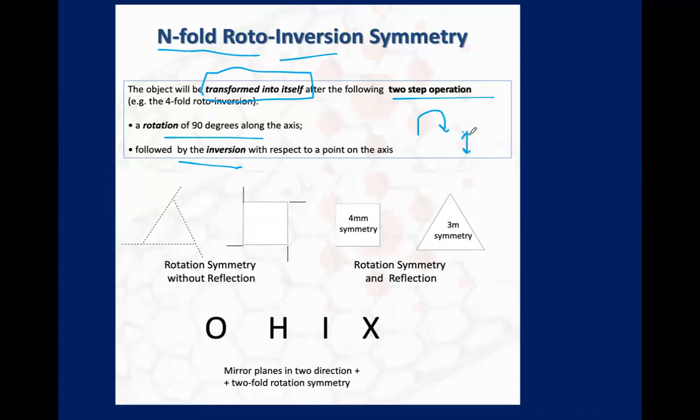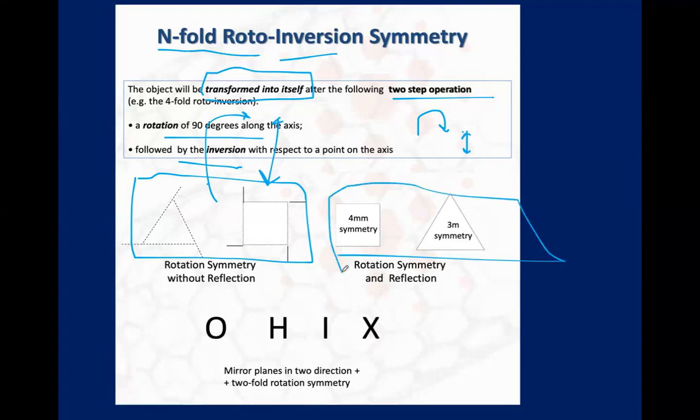For example, you take these two elements together. You rotate it 90 degrees, and then you do the inversion, and you will see this type of location.